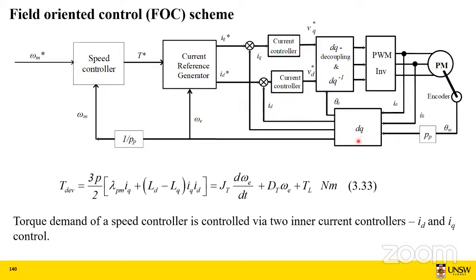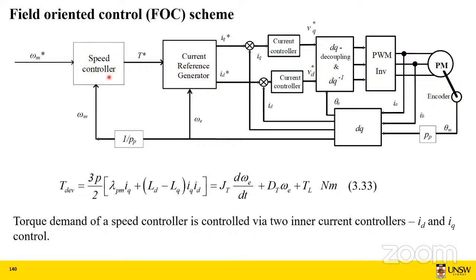And that theta can also be converted to speed. As we know, d theta dt is the speed. So if we know theta, we also know the speed, and we can find electrical speed or mechanical speed, whatever we want, just in our code by doing an integration or differentiation or multiplying by pole pairs. All can be done quite easily. So theta gives you that omega m, the feedback speed signal.